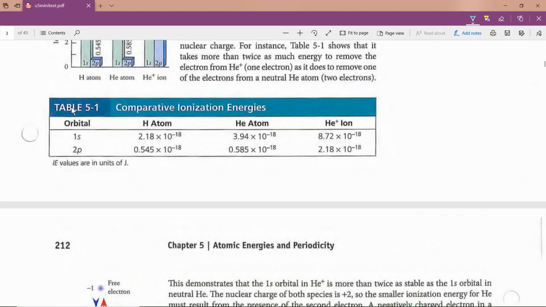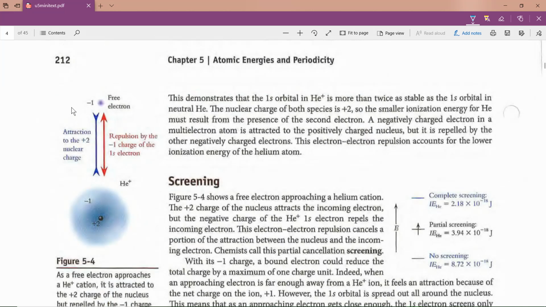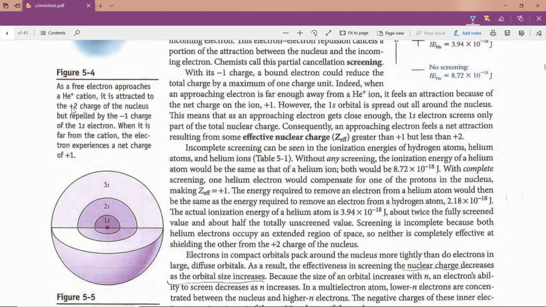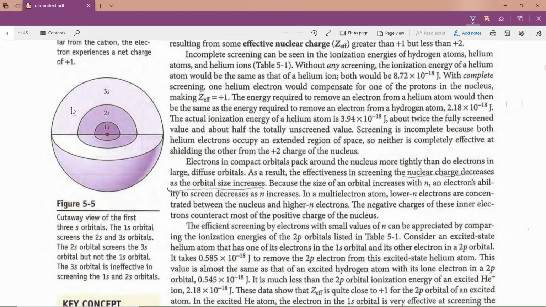Oh, right, okay. So screening is what I talked about. The book goes into too much detail about it. I'm not going to talk about it much. Just say the screening of the nucleus is more effective. Electrons in compact orbitals pack around the nucleus more tightly than do electrons in large diffuse orbitals.